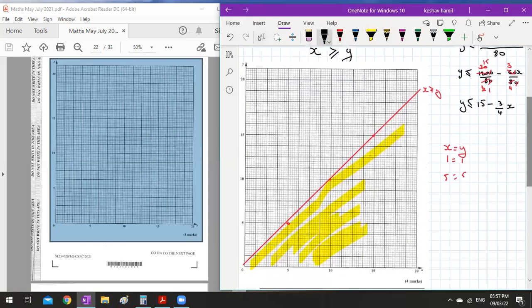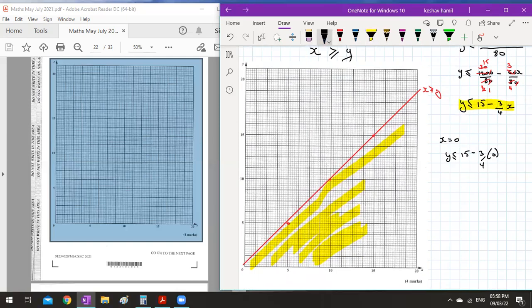So what you have to do now is plot this line. What do I mean by plot that line? You need to take two values. So let me say when x is 0, y would therefore be 15 minus 3/4 of 0. That's from the function.